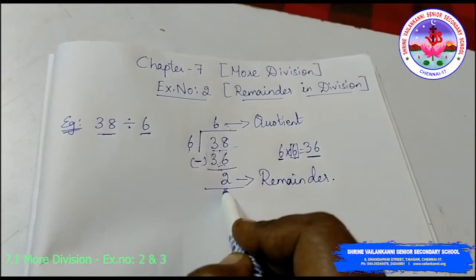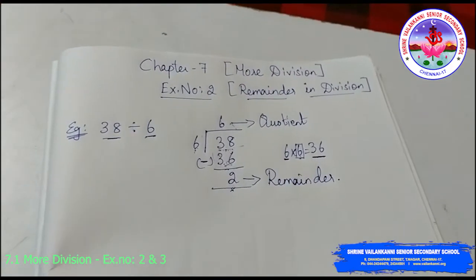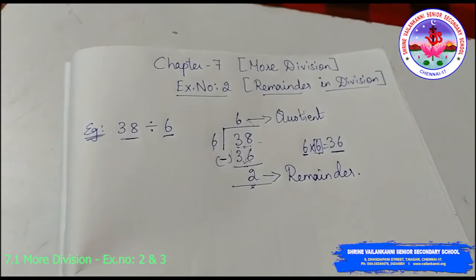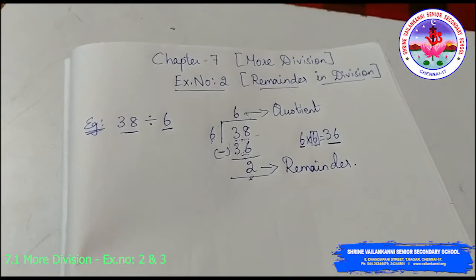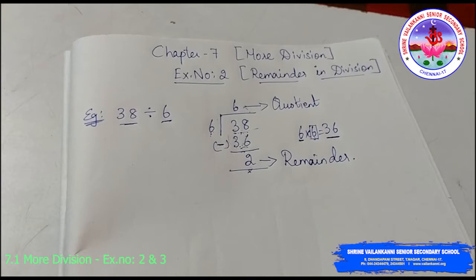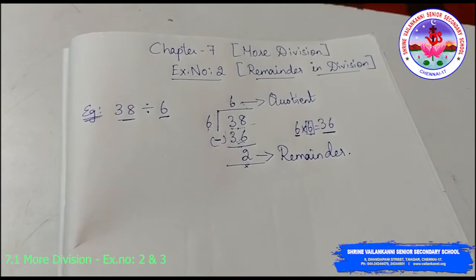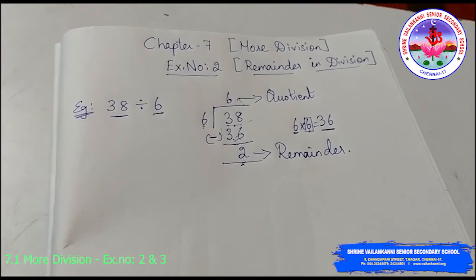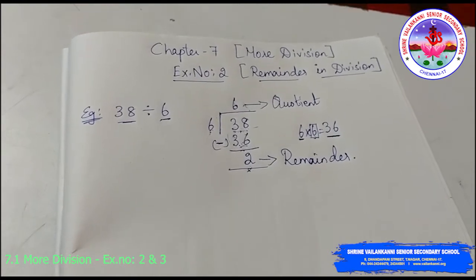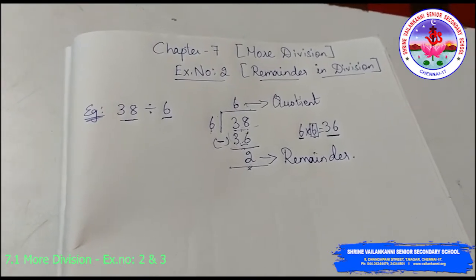To check whether your division is right or wrong, we can use a checking method: quotient into divisor plus remainder gives the dividend. There are 2 steps we use to check.